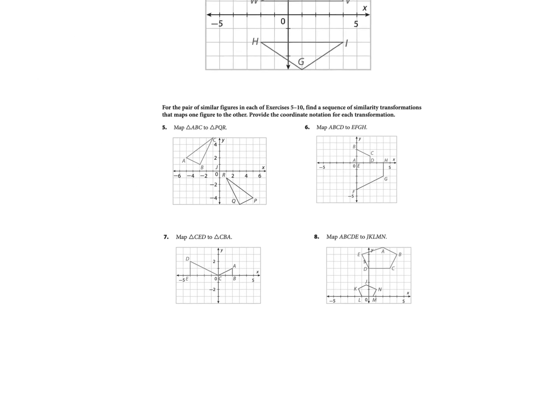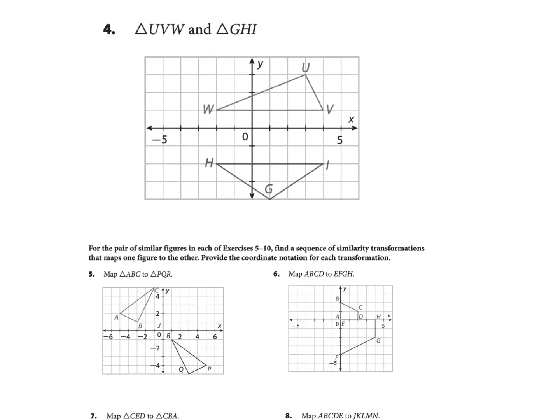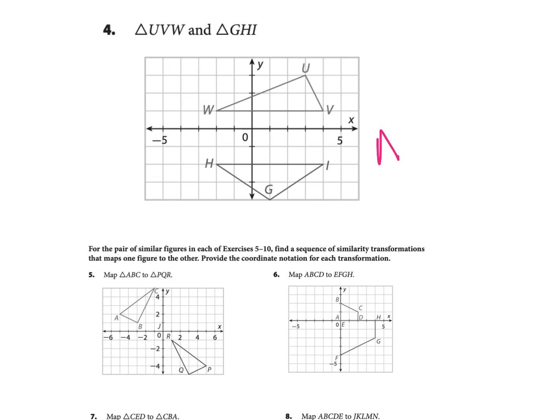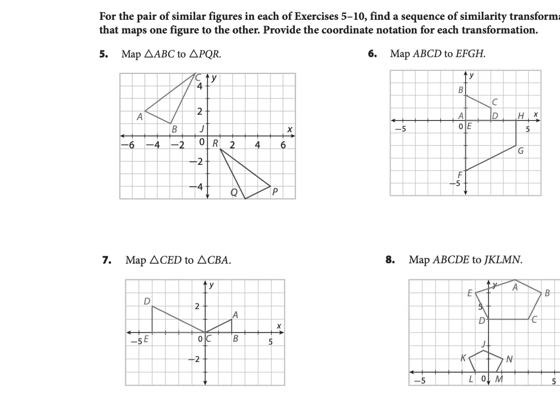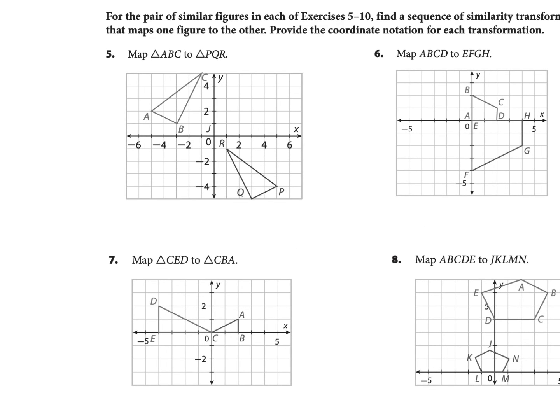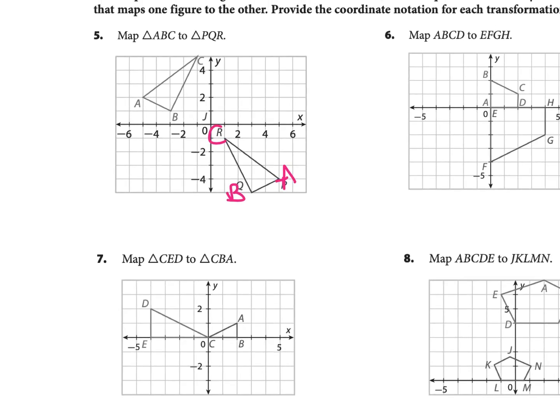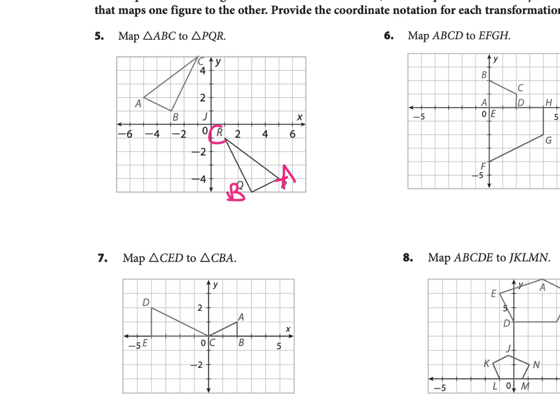And let me run through them real fast. This one, they are not similar. Oh, this one, let's see. PQ, ABC goes to PQR. So if I rotate that around.